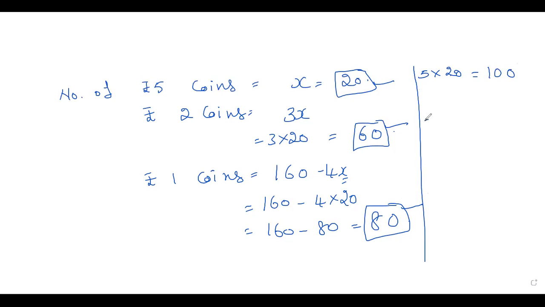So 3x, so x is 20, so how many coins? 60 coins. Okay, that is 120. This is 1 into 80. 1 rupee coins are 80, that is 80 rupees.